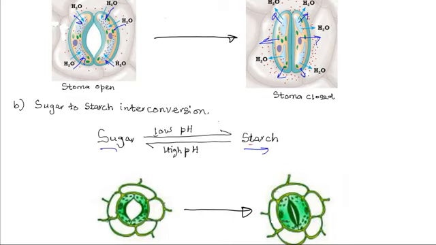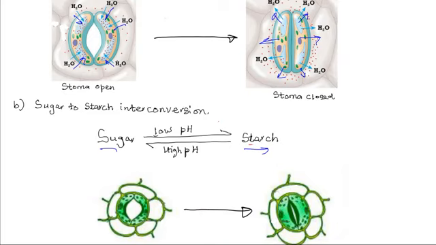So this starch to sugar interconversion theory is under the influence of pH, and the pH controls the enzyme controlled reactions.